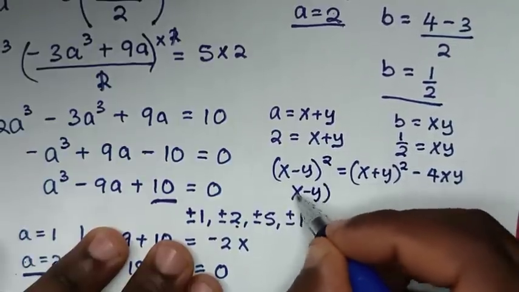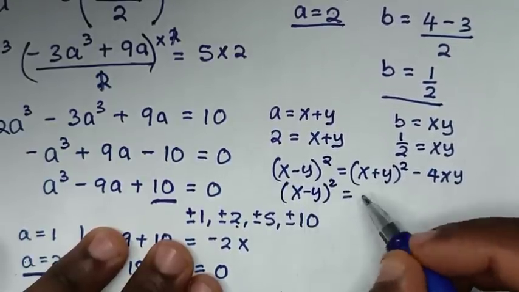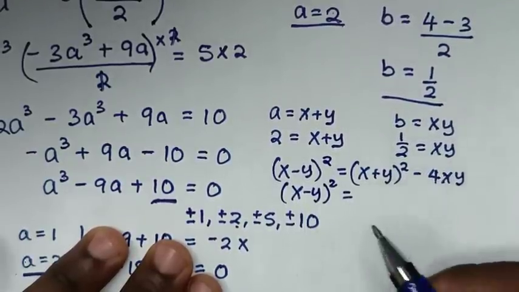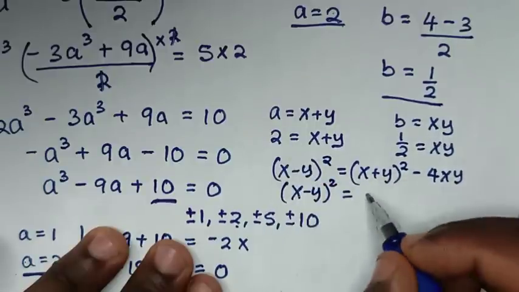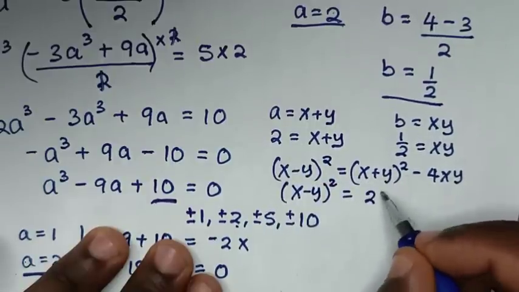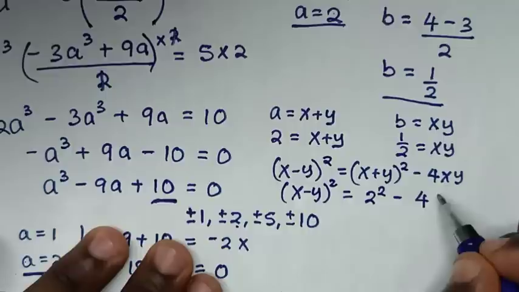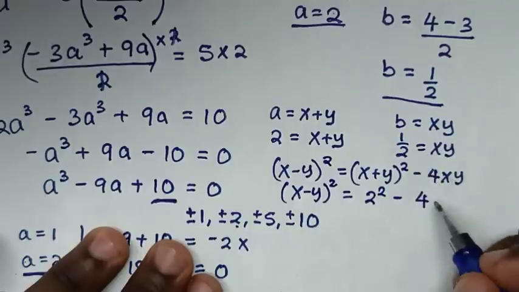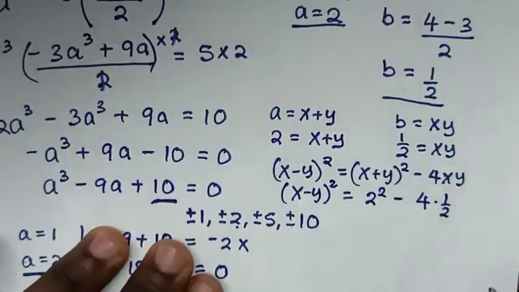x minus y bracket square is equal to x plus y, it is this 2, so it will be 2 square, then minus 4 times xy, it is this a half, so it will be times a half.